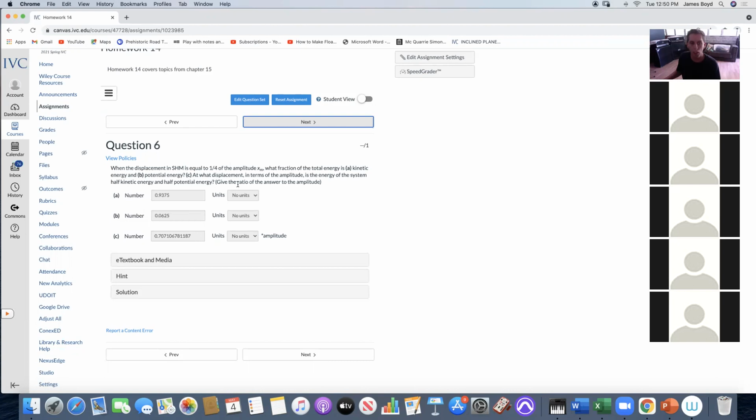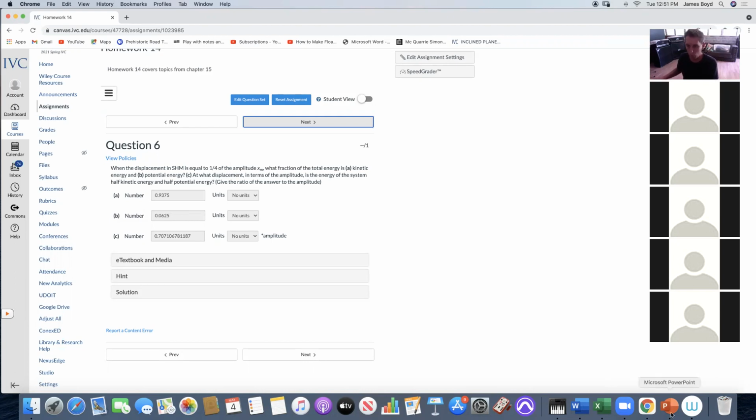This is a little bit harder. When the displacement is 1/4 x naught. So where they say xm there, they mean x naught. That means that when x is equal to 1/4 x naught, what fraction of the energy is kinetic, what fraction is potential, and at what displacement, in terms of amplitude, is the energy half kinetic, half potential?